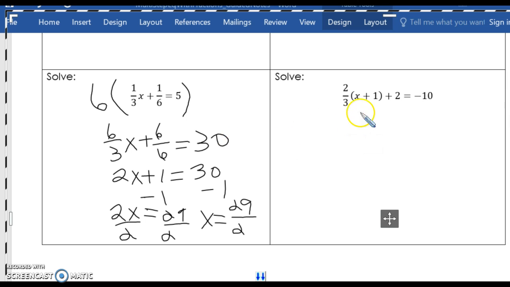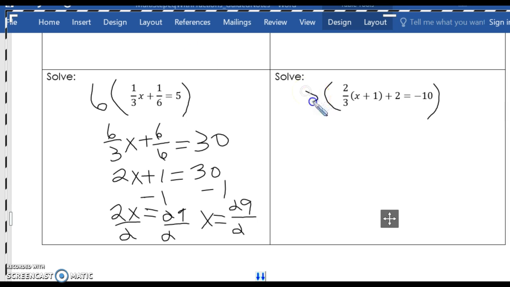Here, the fraction is outside the parentheses, and there's just the 1. So if we multiply by the denominator, it eliminates the fraction. But remember, whatever we do to one part of the equation, we have to do to all parts.